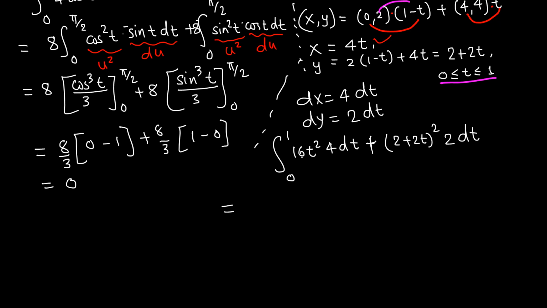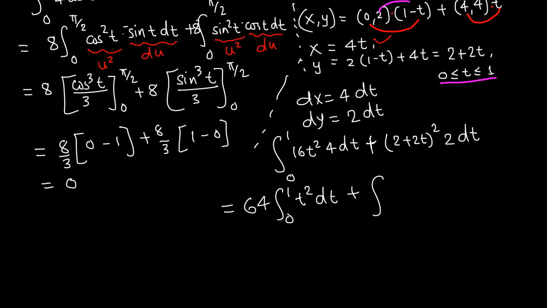In the first term, 16 times 4 is 64, integral from 0 to 1 of t squared dt, plus the integral where we can pull 2 outside, and this is (2 plus 2t) squared. We can factor 2 out from these two terms, by the way. That's 2 squared, 4 outside.